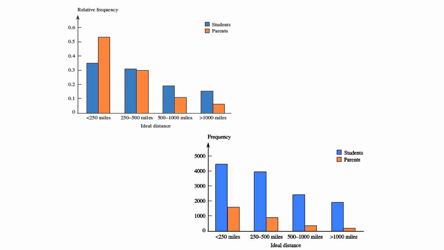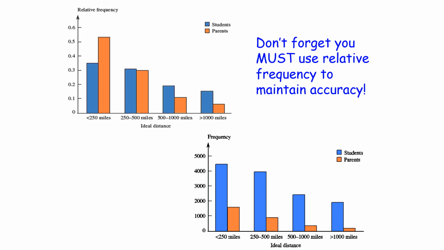So the top chart is using relative frequencies, and our lower chart is using just frequency. The incorrect bar chart conveys a very different and misleading impression of the differences between students and parents. So don't forget, you must use relative frequency to maintain accuracy.